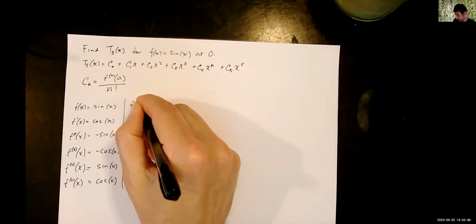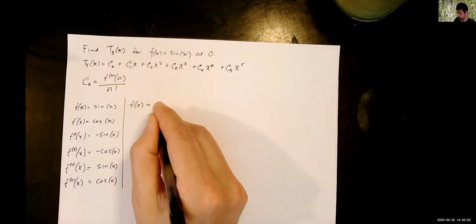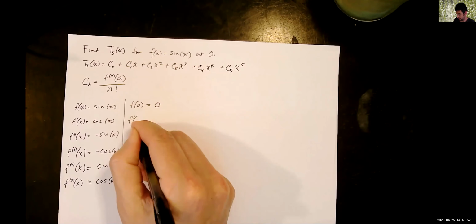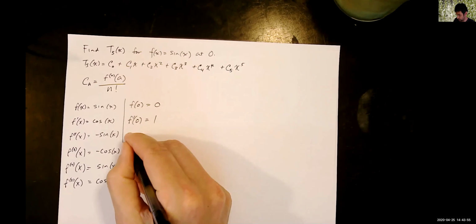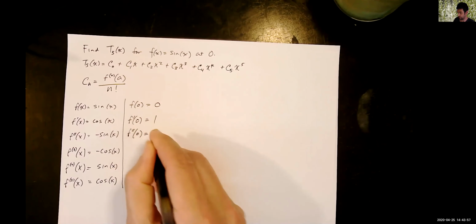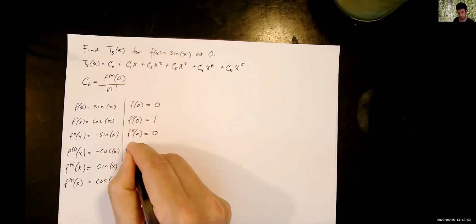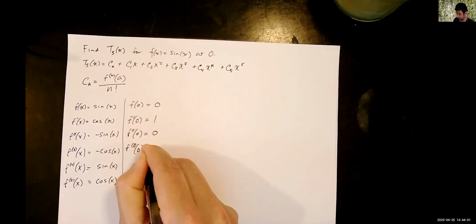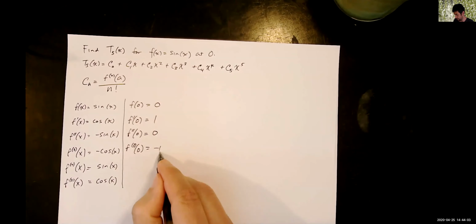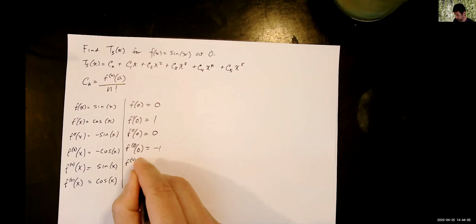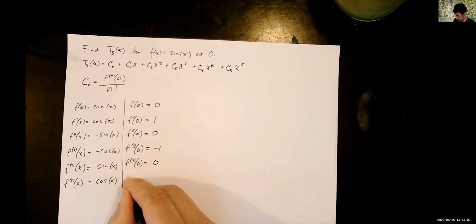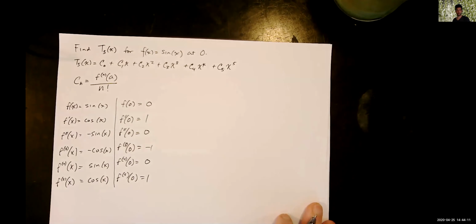So f of 0, sine of 0 is 0. F prime of 0, that's the cosine of 0, is 1. F double prime of 0 is 0 again. The third derivative at 0 is going to be negative 1. The fourth derivative at 0 is going to be 0 again. And the 5th derivative at 0 is back to 1.